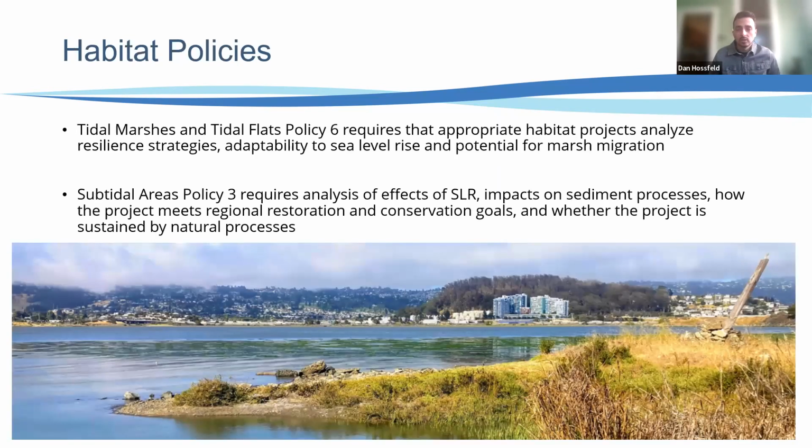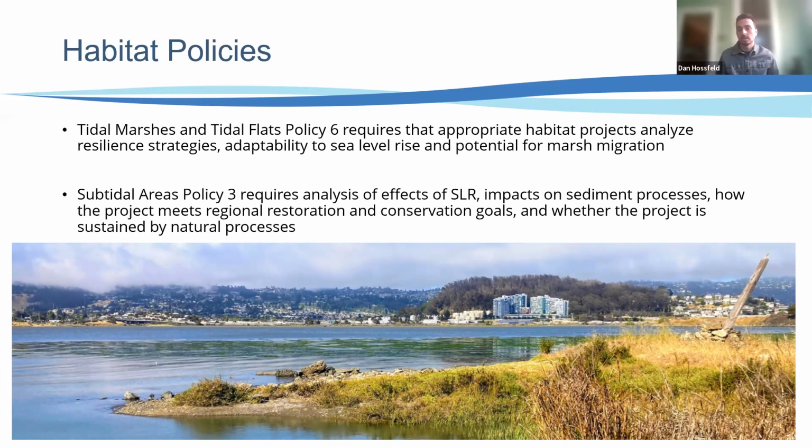For habitat policies, reading from the Bay Plan here really quick, any habitat project should include clear and specific long-term and short-term biological and physical goals, success criteria, a monitoring program, and, as appropriate, an adaptive management plan.